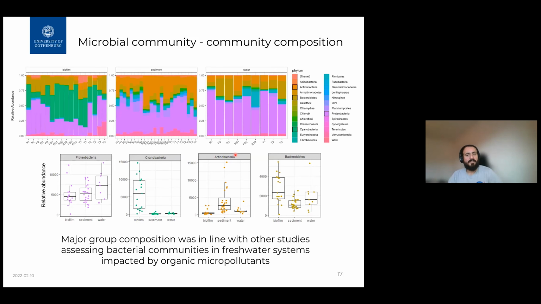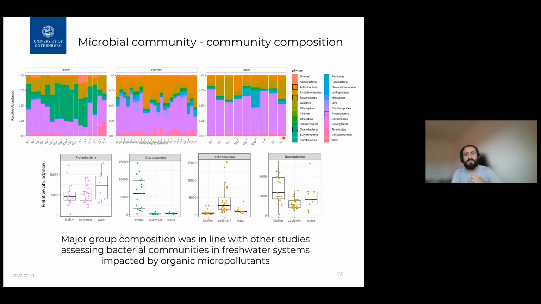So this is the first picture of the whole bacterial composition from different environmental compartments in the river. You have here in the upper left the biofilm community composition, the sediment community composition, and the water community composition.